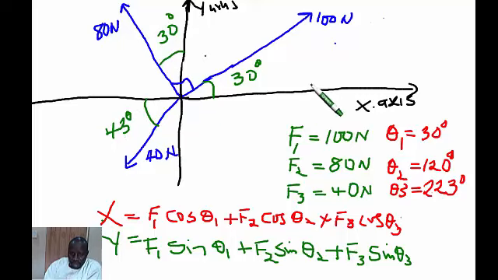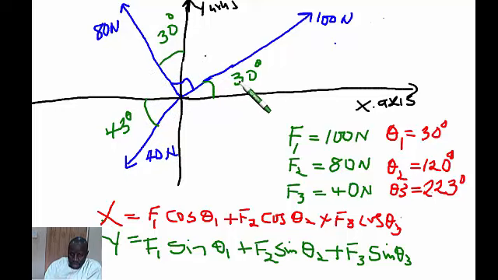So we draw our axis here, x-axis and y-axis, and the angle we select that 100 is making with the x-axis is 30 degrees. You can select any other angle, provided the angle between 100 and 80 is 90 and between 80 and 40 is 103.